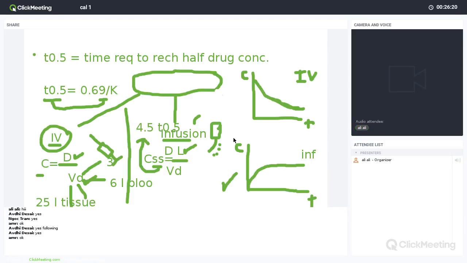From this definition, we have another important equation for the steady state concentration, which equals the rate of infusion divided by the clearance, which is the rate of elimination. This is the second important equation for determining the steady state concentration of the medication in the blood.